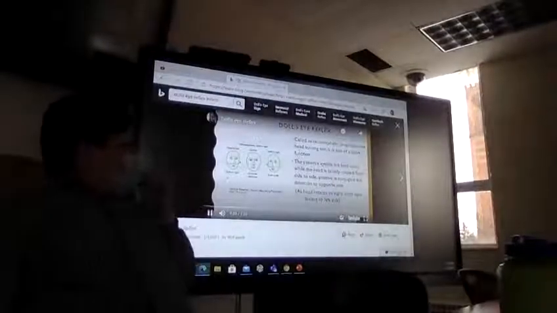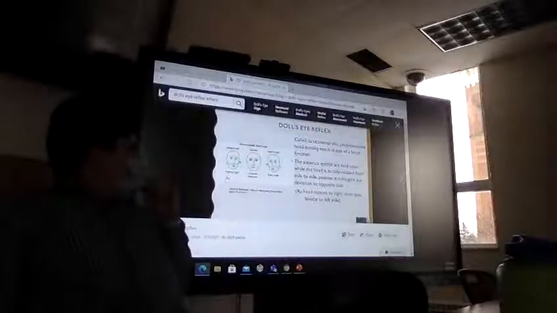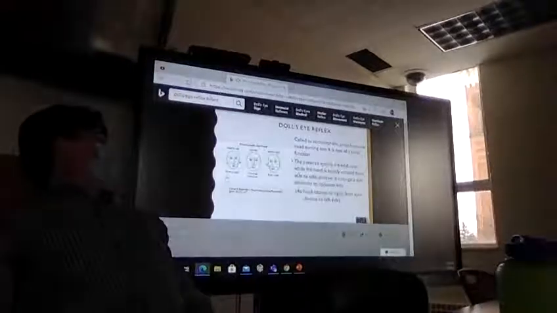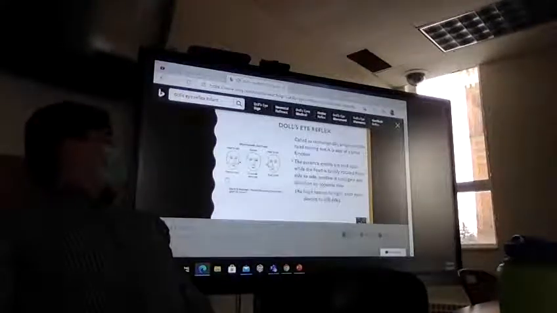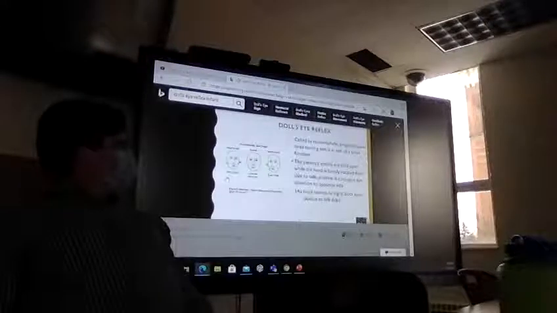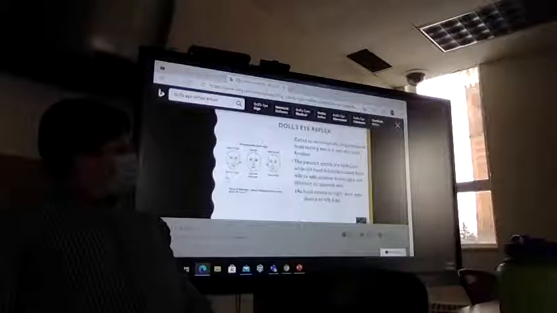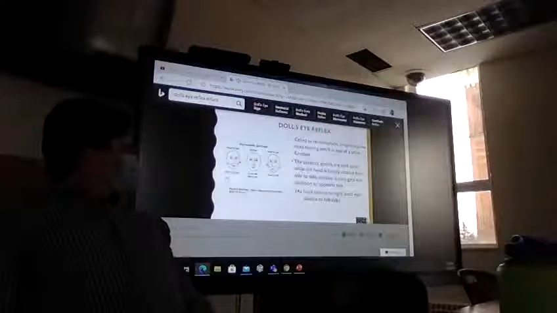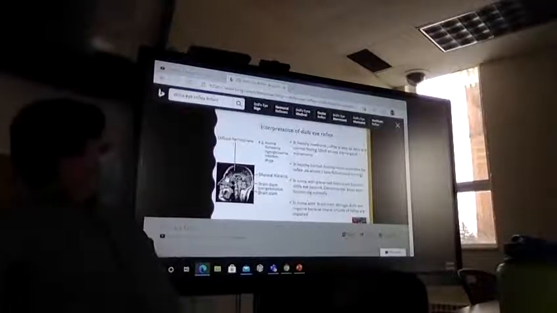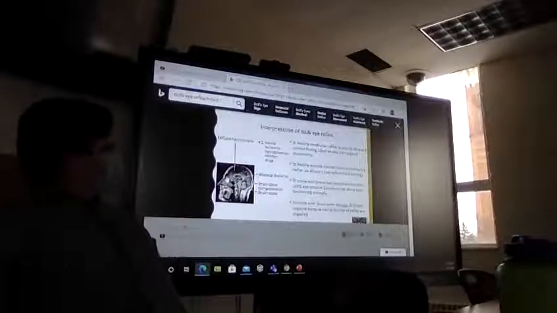The reflex is called the oculocephalic or proprioceptive head turning test. It is a test of brain function. The patient's eyelids are held open while the head is briskly rotated from side to side. Positive is conjugate eye deviation to the opposite side. As the head rotates to the right, both eyes deviate to the left side. The interpretation of this reflex varies between ages and situations.